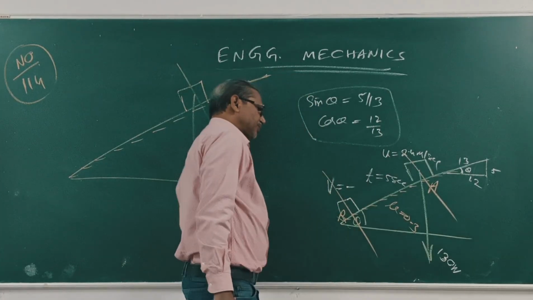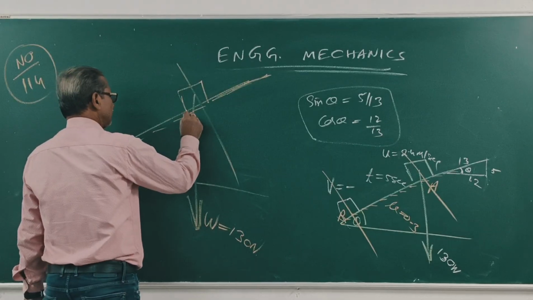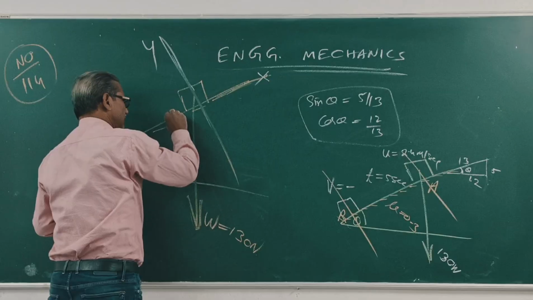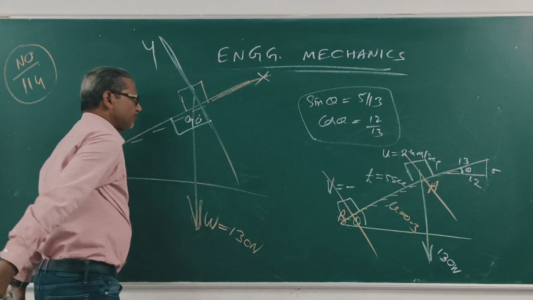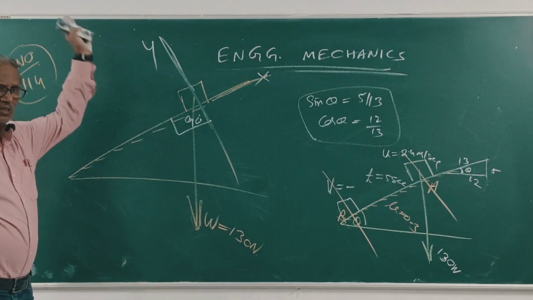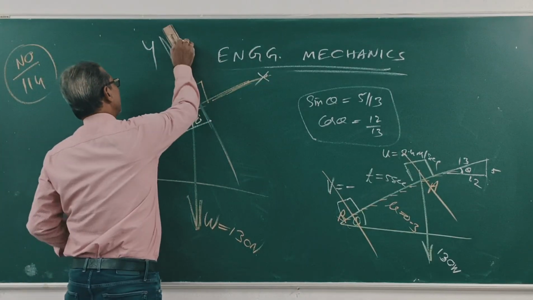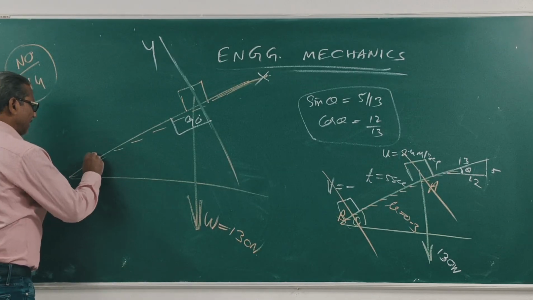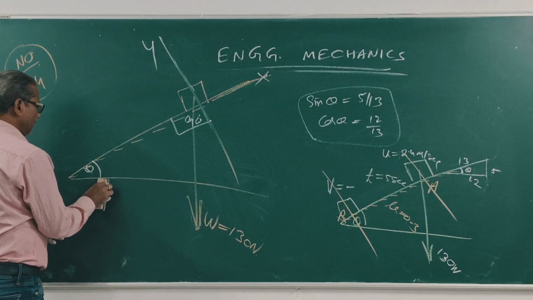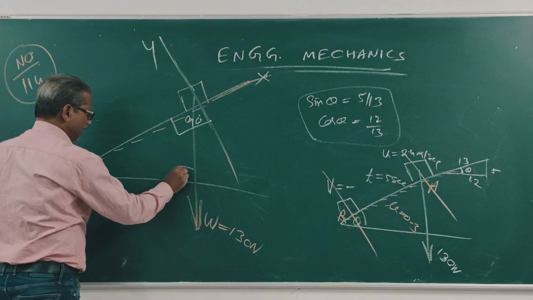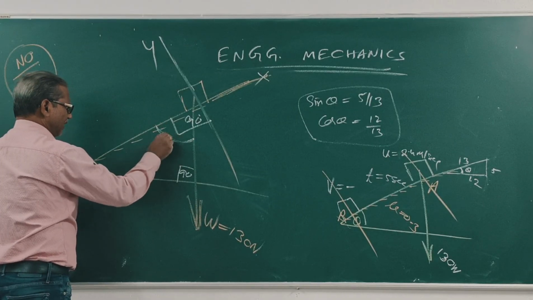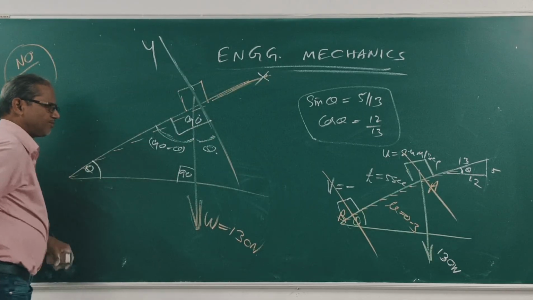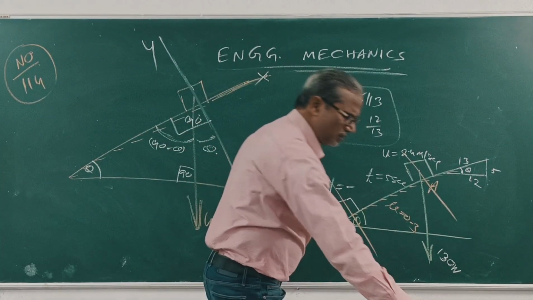This is the x-axis, this is the y-axis. This angle is 90 degree, this angle is 90 minus theta, and this one is theta.